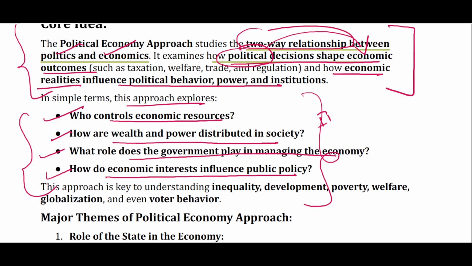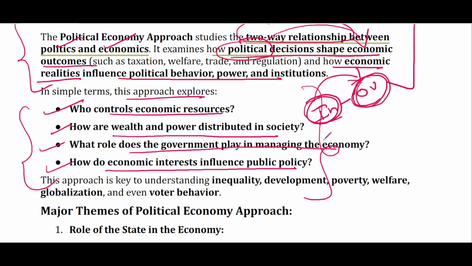Now, input versus output relationship. So again, we are in the zone of comparative politics. We are ultimately studying some inputs and then drawing patterns about the outcomes that were created out of those inputs. Here there are two similar inputs and two similar outputs. First, when the input is politics, we are studying the economic outputs, and when the input is economic, we are studying the political output.